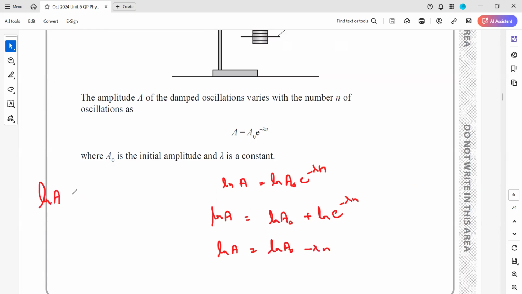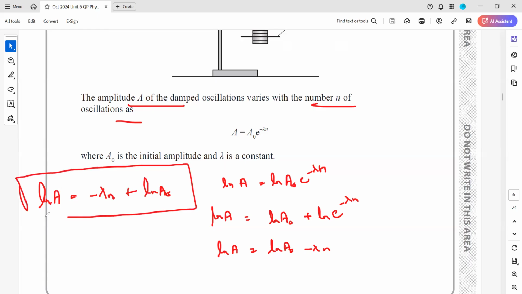So the amplitude of a damped oscillation varies with the number of oscillations, and this is the equation for us. To test this equation, we can plot a graph.